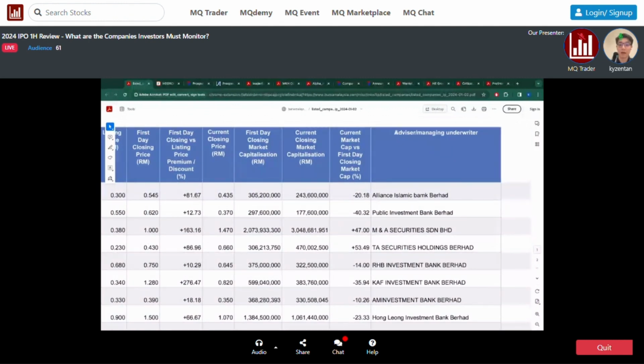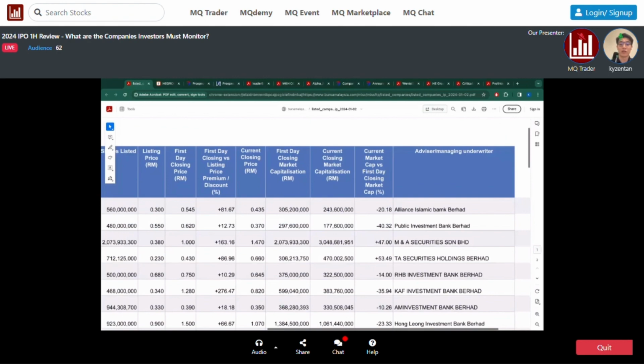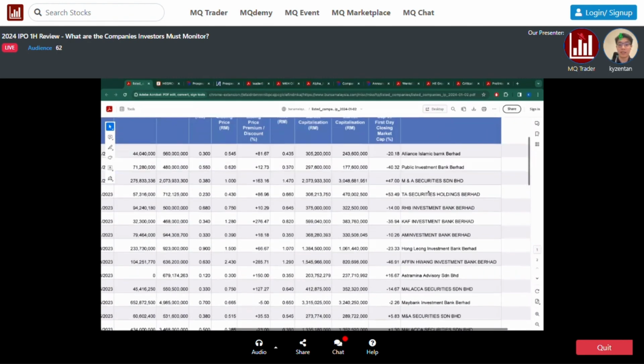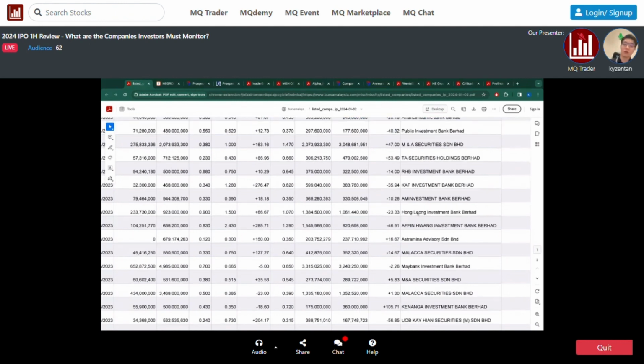And there's an interesting part, which is the advisor or underwriter. An unconventional way of assessing an IPO: I don't want to name which one, but if you look at the 2022, 2023 IPO consultants, there are actually a few consultants whose IPOs have not fallen below the IPO price on the first day. That means their first day price is always higher than their IPO price.